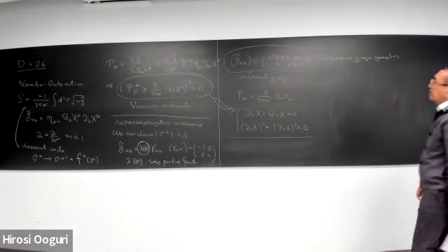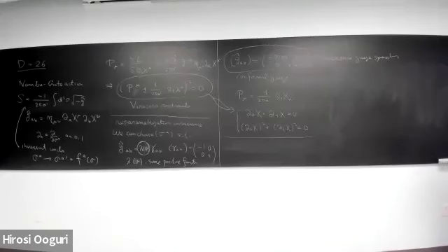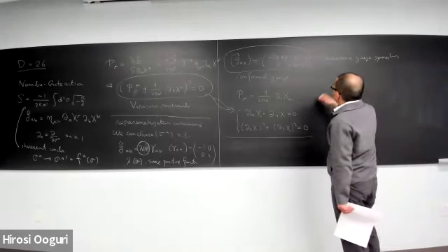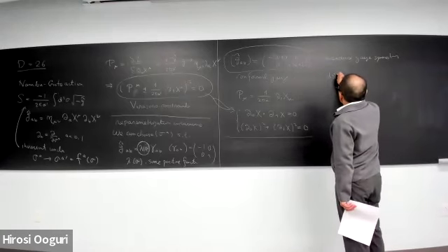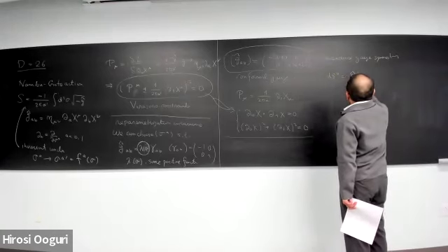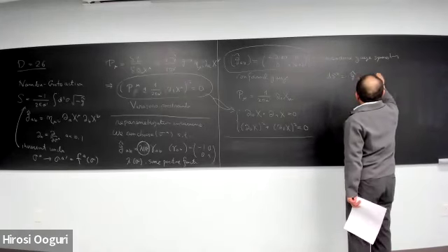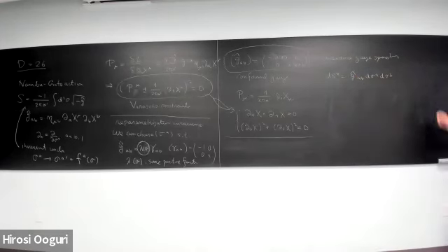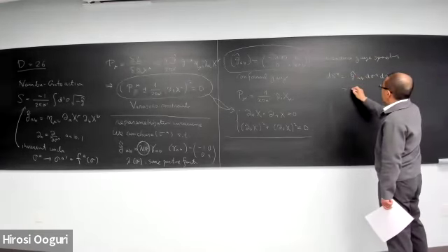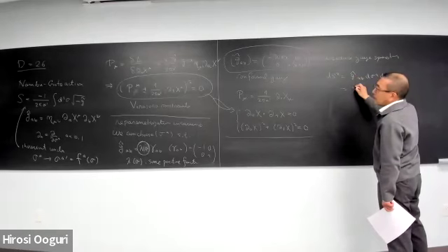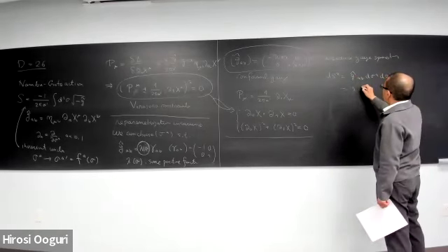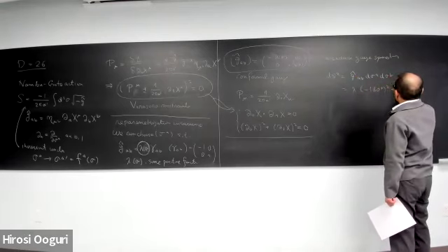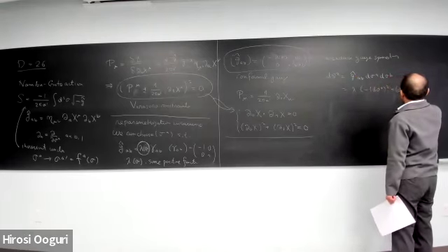One way to see it is to note that if you have the diagonal form, then the metric takes this form. We can write this as lambda times minus d sigma 0 squared plus d sigma 1 squared.